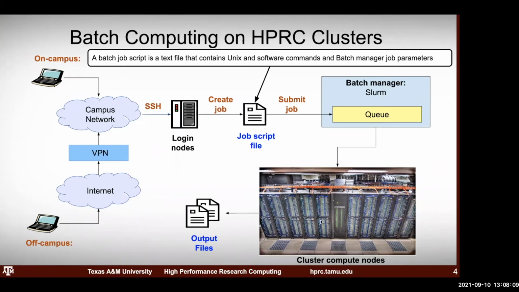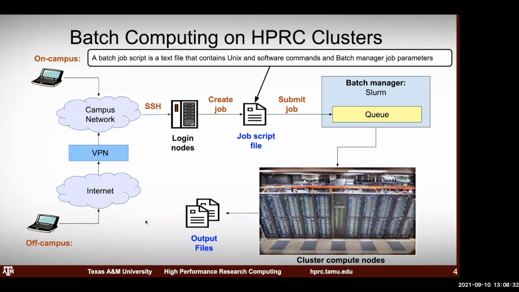This is actually a picture of Ada, of our tired cluster, but that's the idea. Each individual light is a compute node, and SLURM finds a spot in the cluster for your job to run on a compute node, and then the output files are sent typically wherever you submitted the job from. So if you submitted the job from your Scratch, the output files will also be in your Scratch.